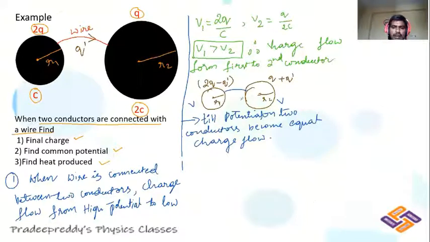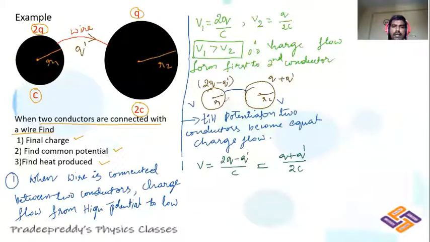That is the reason why I will now write down the final potential. V final is equal to Q by C, that is 2Q minus Q dash divided by its capacity C, and for the second one it will be Q plus Q dash divided by its capacity 2C, and the final potentials of these two will be the same. So I can equate these two.